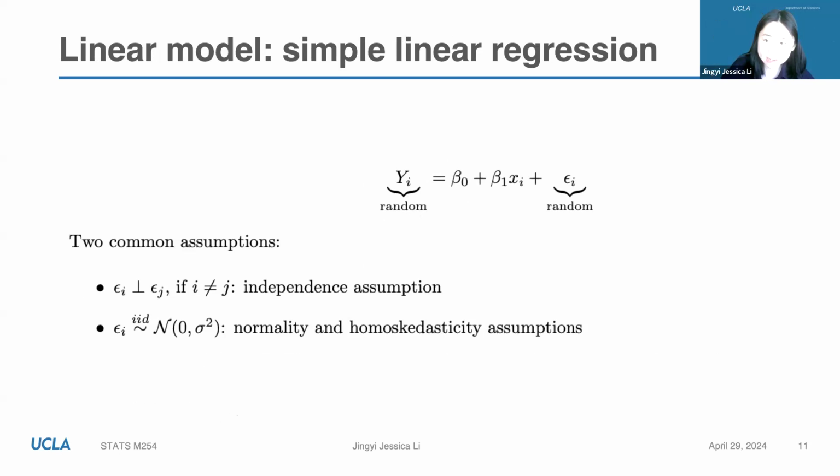In the setting you're familiar with, the error terms are IID normal, same mean, same variance, and yi depends on this linear function. We call this simple linear model because there's only one predictor, one feature. We want to see how xi can predict yi. We assume that yi is a linear function of xi plus an error term.